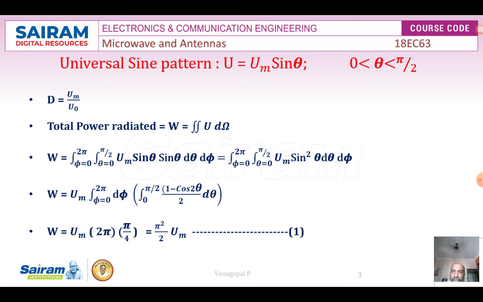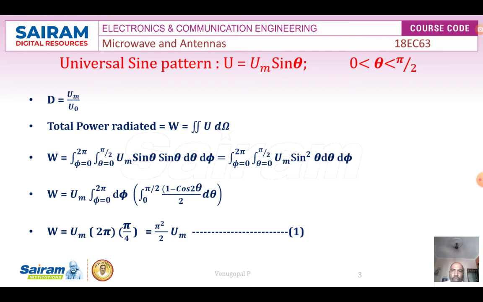So total power radiated is W is equal to double integration of U into d omega, where U for this particular problem is Um into sin theta, and d omega is the total solid angle, which is nothing but sin theta d theta d phi. So it is double integration with phi from 0 to 2 pi, theta from 0 to pi by 2 of Um into sin square theta d theta d phi.